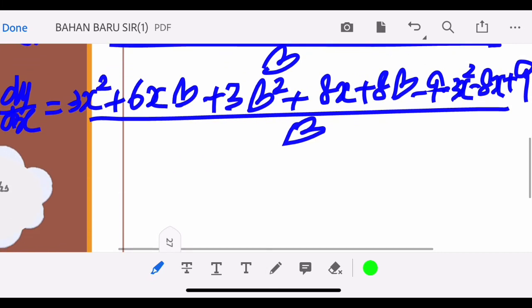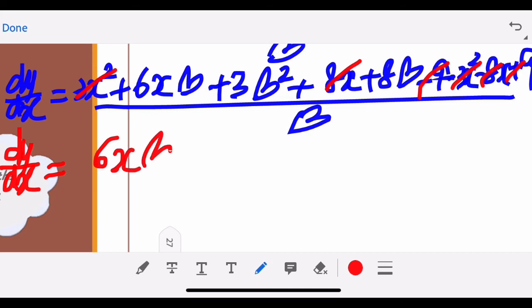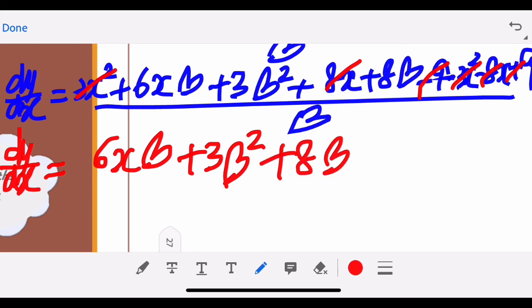Now let's do it carefully again and simplify as carefully as possible. We can cancel out the terms that are the same: 3x squared, and 8x minus 8x. Finally, we have 6x delta shape plus 3 delta shape squared plus 8 delta shape over the delta shape.